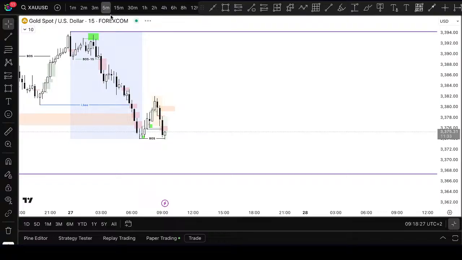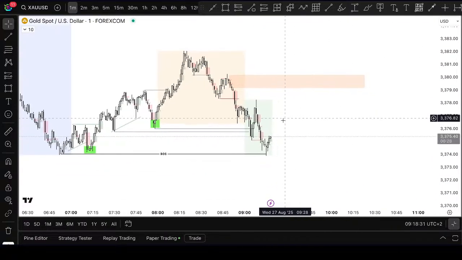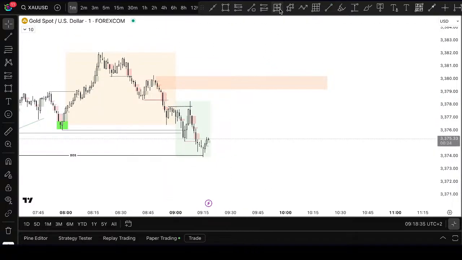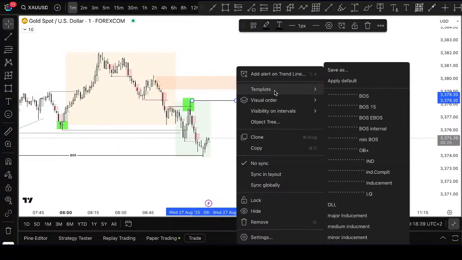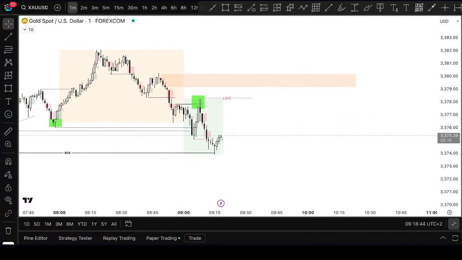Yeah, we took the liquidity down here. It can shoot up. Now the question is, this was the last inducement which has happened. Now we want one great inducement to happen. So now this needs to get broken out.